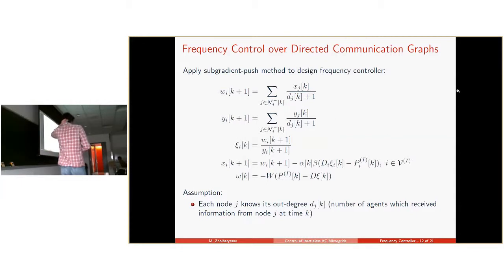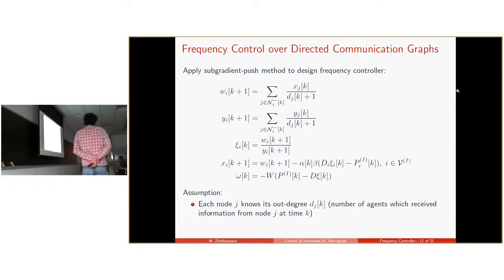The time variant case, I'm trying to understand what makes the problem more complicated, because you said in the time variant case, it detects the neighbors that you can communicate with, and as a result, it changes out degree accordingly, right? It's difficult to compute out degree. Impossible. How can you know how many agents received information that you have sent?